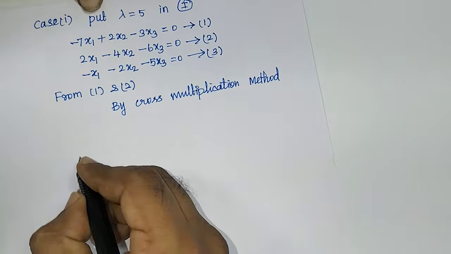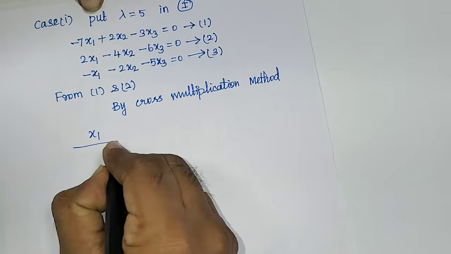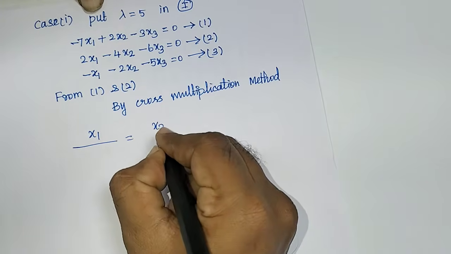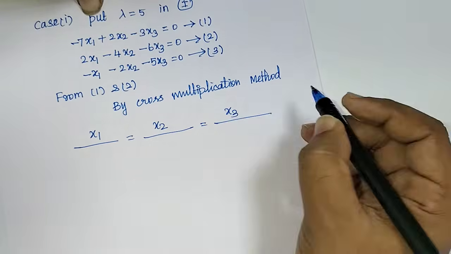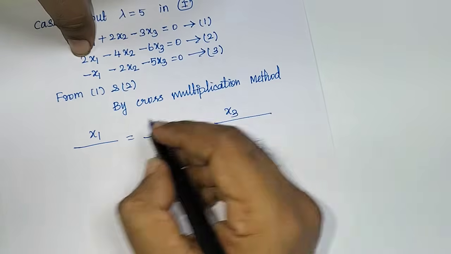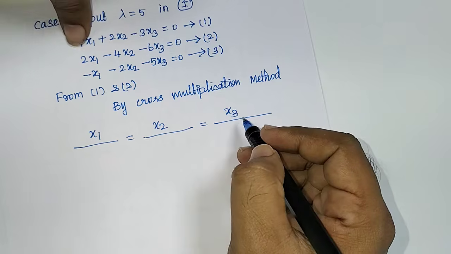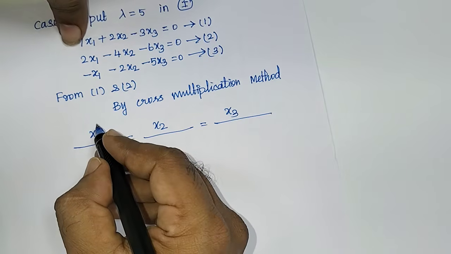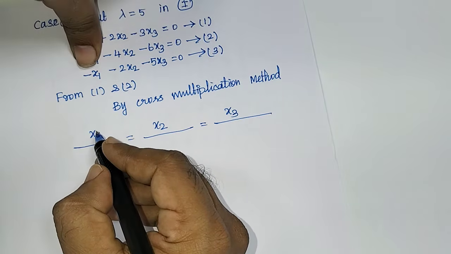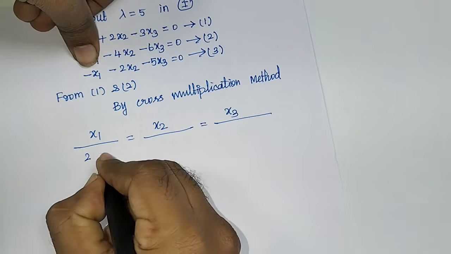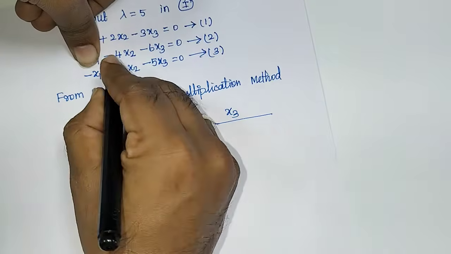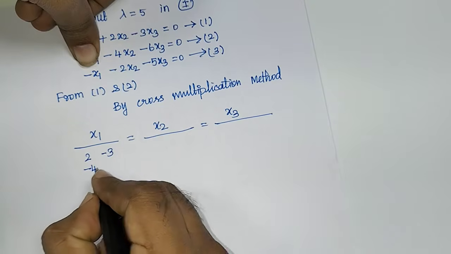So here I am writing x1, x2 and x3. Based on equations 1 and 2, I am going to find x1, x2, x3. If you want to find x1 from both equations, you omit the x1 coefficient. The remaining you write in determinant form: 2, minus 3, minus 4, minus 6.